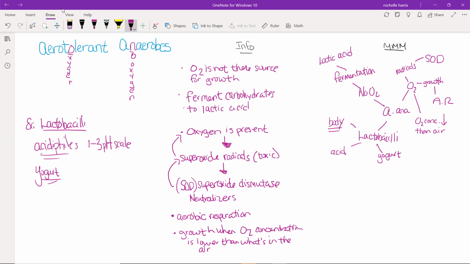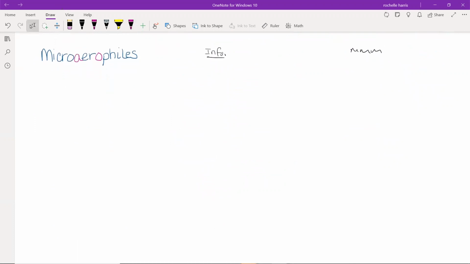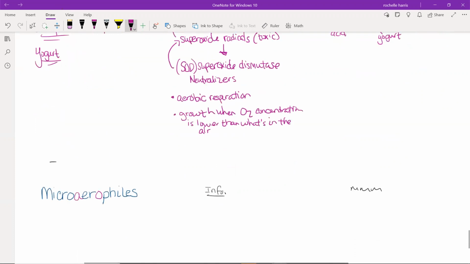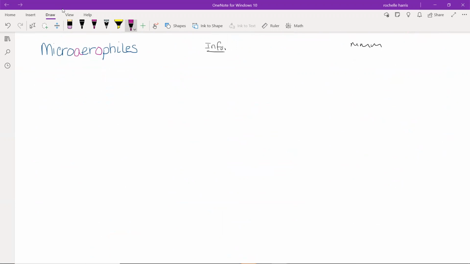Let's see. And our last one, microaerophiles. So microaerophiles, we are using the A here for aerobic, and the O for oxygen.